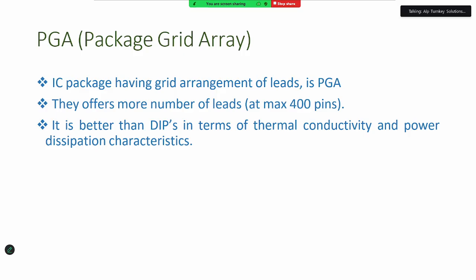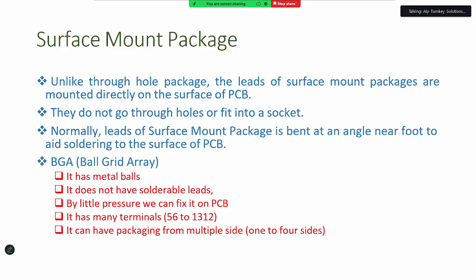PGA means pin grid array, with a grid arrangement. Have you seen the processor IC? On four sides you have leads, maximum 400 pins in a grid array.